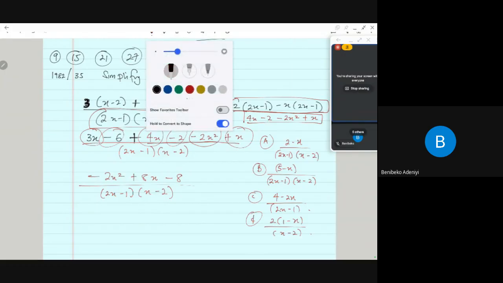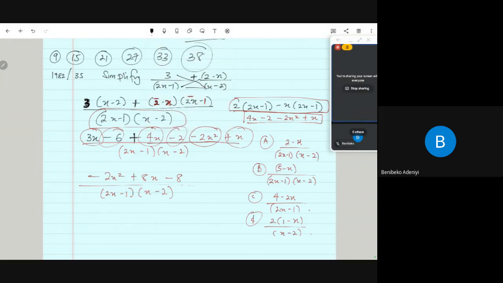So I have minus 2 into brackets, x squared. This is a plus. If I bring out a minus from it, it will remain minus. So 4x, this is a minus. If I bring out minus, there will be plus left. Then 4, all over 2x minus 1, x minus 2.